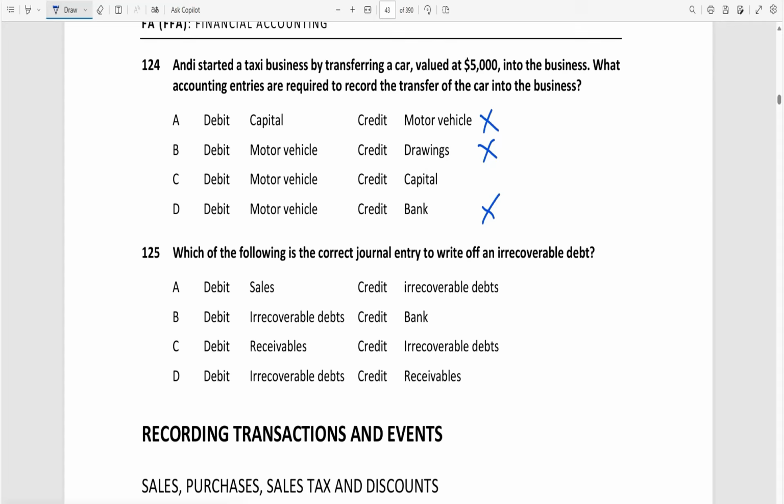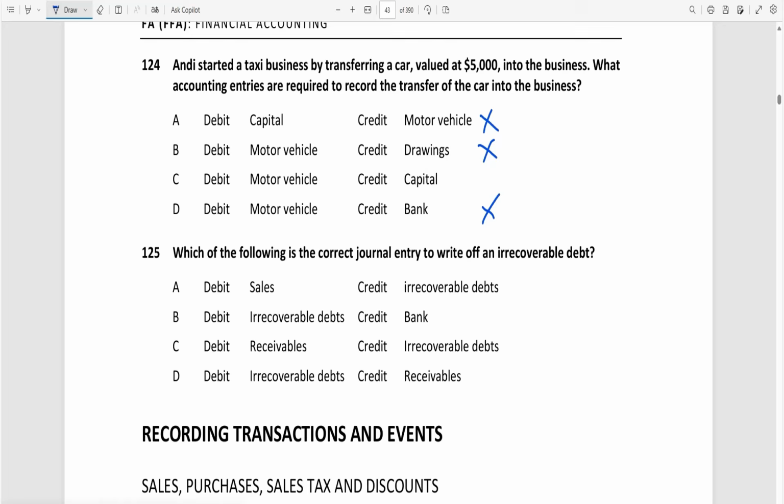Irrecoverable debt means suppose I am selling goods to my customer on credit, and the initial entry that I have posted is debit receivable, credit sales. But if the customer has gone bankrupt or is not able to pay back that money, in that case that amount is an irrecoverable debt.